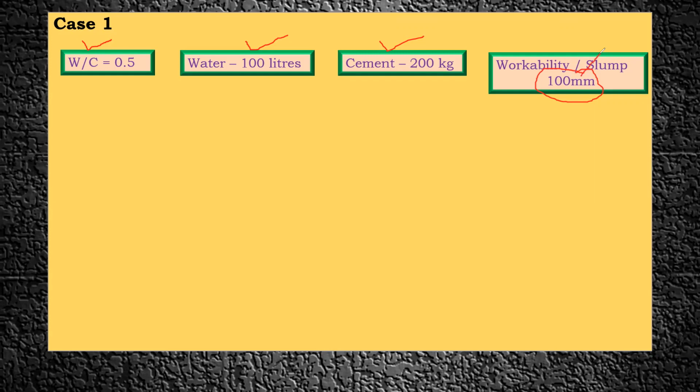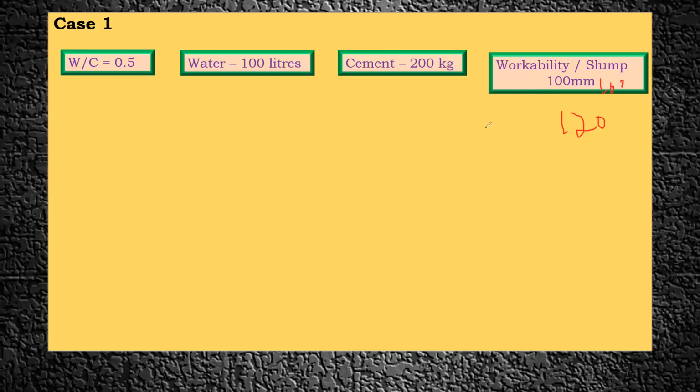Now in the next case, I'll try to add admixture, because I want to increase the slump. I'm getting 100 mm slump here, and now I want to increase it by another 20. Let us say I want 120 mm slump. Now we are discussing admixture, and I know the property of admixture is that it is going to increase the workability.